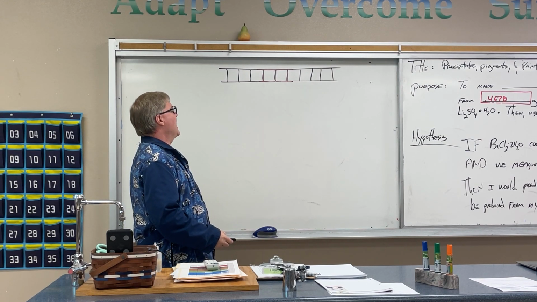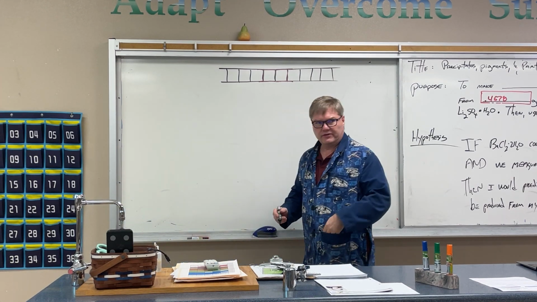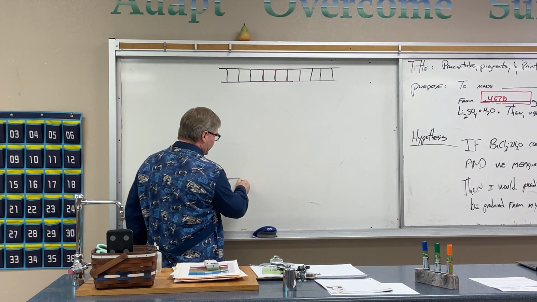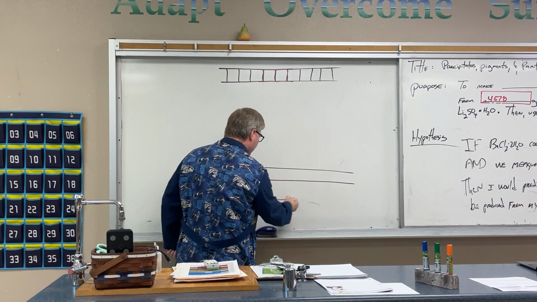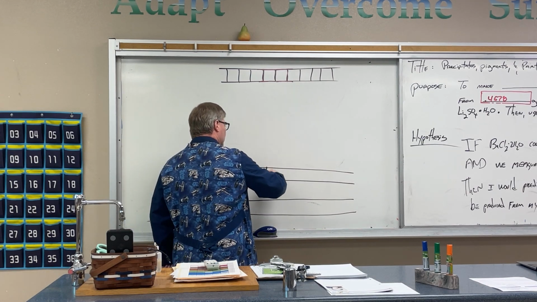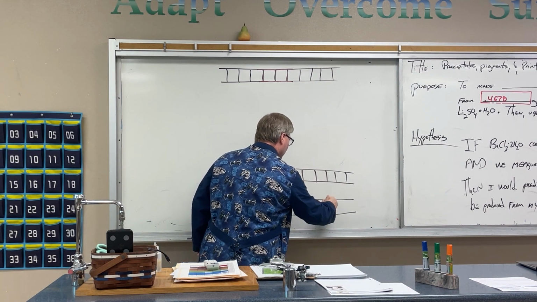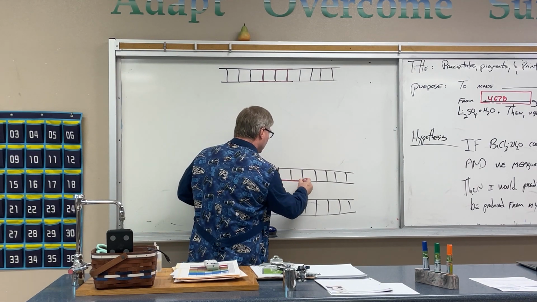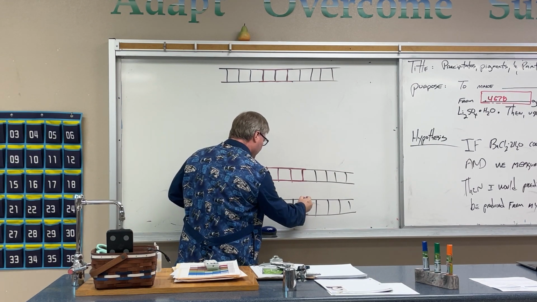All right, so how does it get copied? Well, first, what does it mean to copy? It means that at the end of the process, we end up with two pieces of DNA.